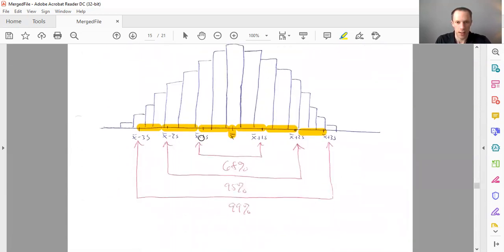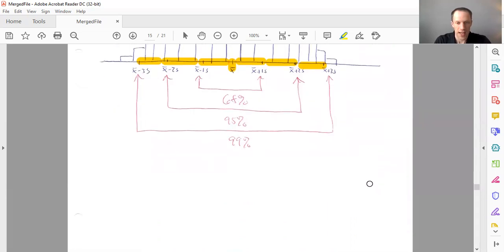So if we were thinking about where the numbers in the data set fall, 68% of them would be clustered within 1 standard deviation of the mean, 95% within 2 standard deviations, and 99% would be within 3. Only 1% of the data would be outside of that 3 standard deviation range. Now that's for normal data.